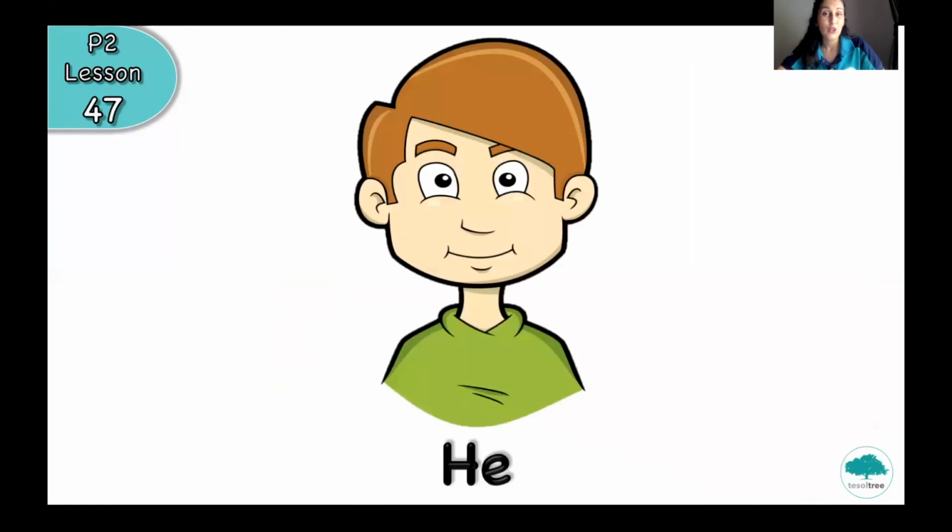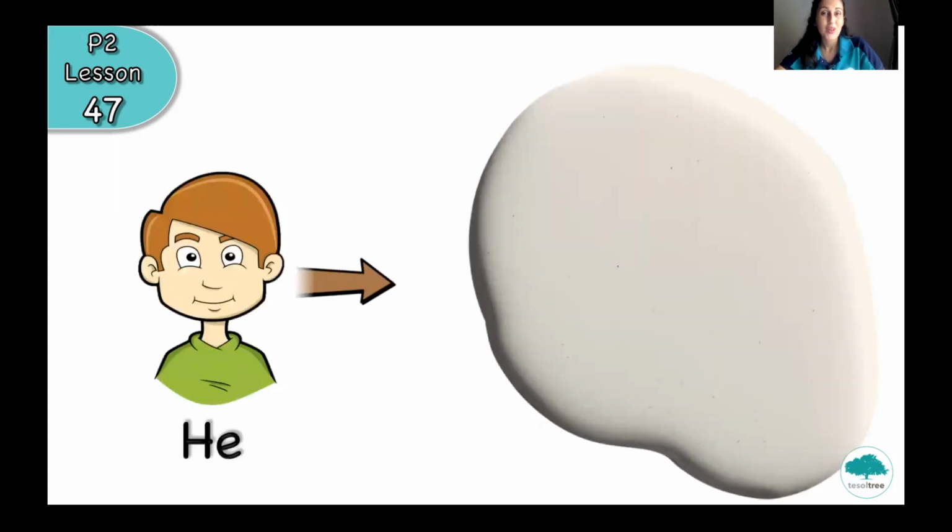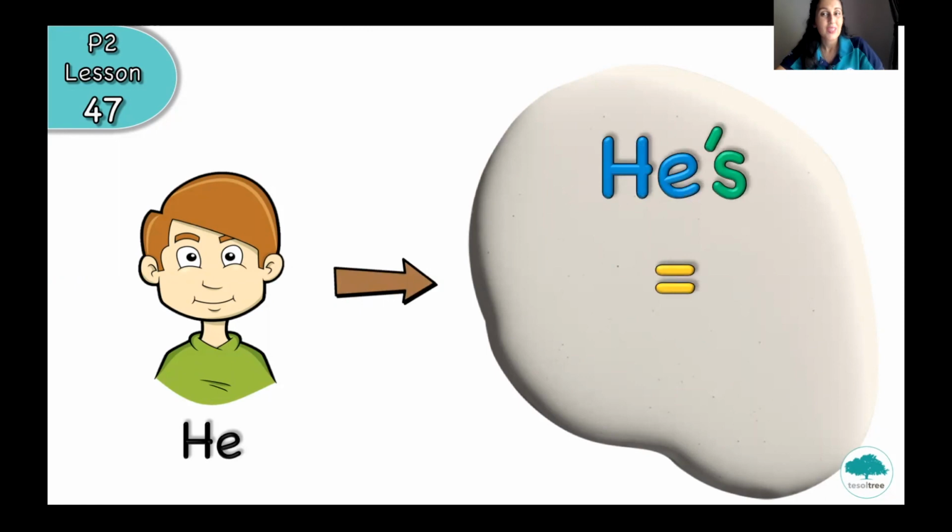And look at the picture. This is a boy. That's why we use he. If we talk about a man or a boy, we use he. And how to say he's? Do you remember? He is means he's.